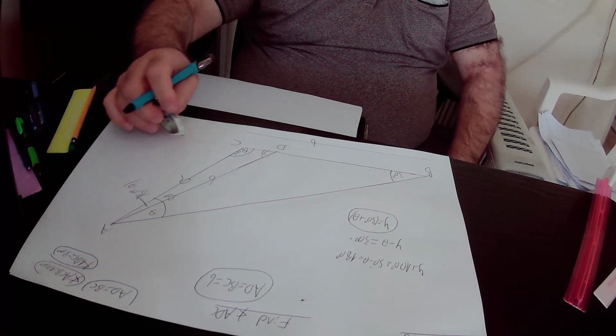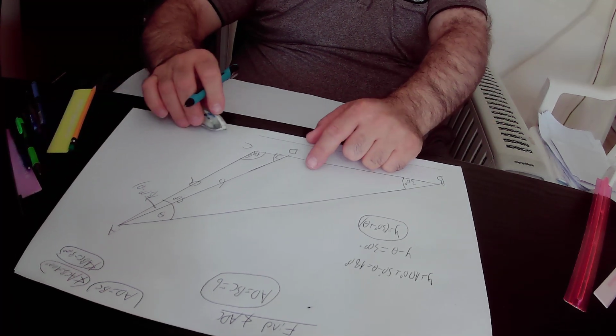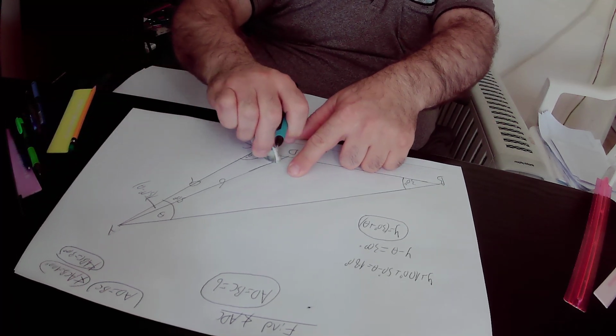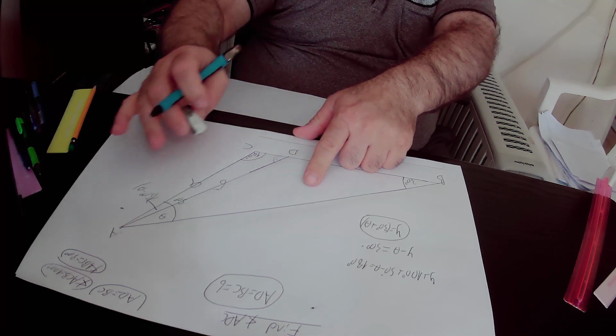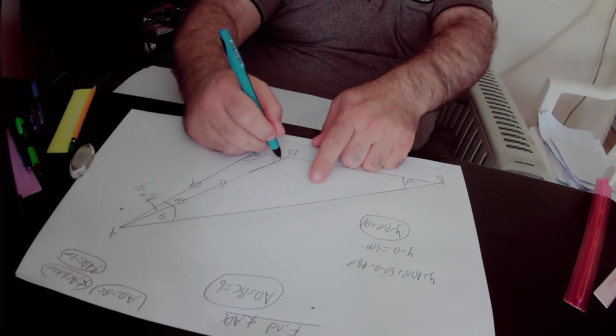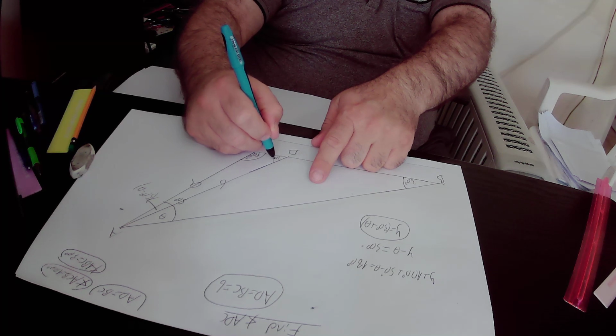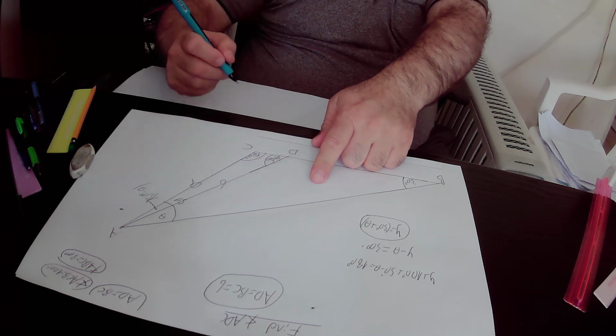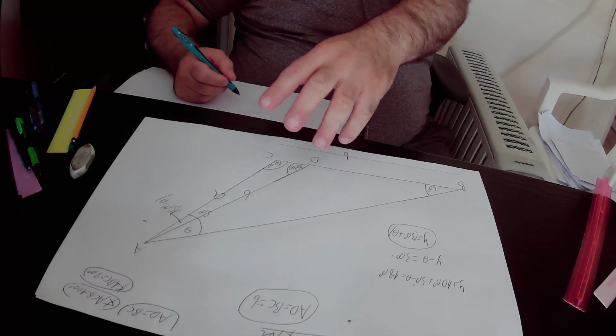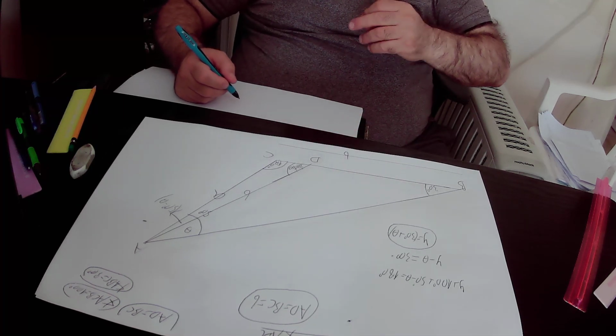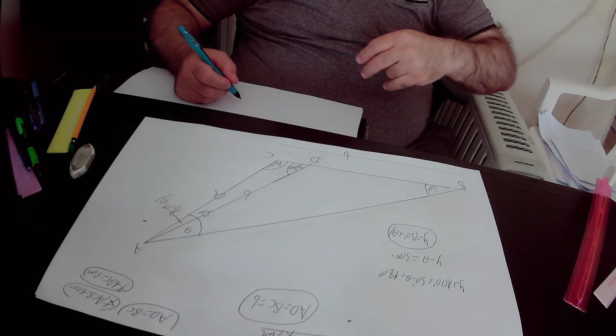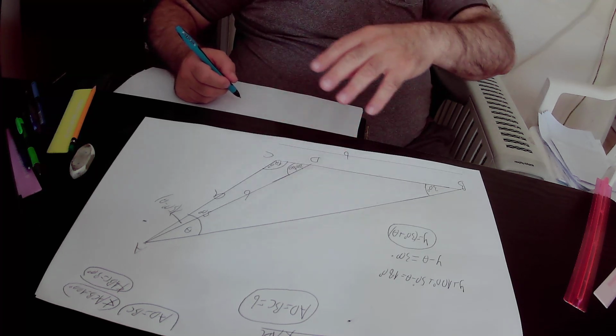So I found that the angle that we are looking for, angle ADC, equals 30 degrees plus theta. Now I will copy triangle ADC in a new page, and we will implement the law of sines in this triangle.